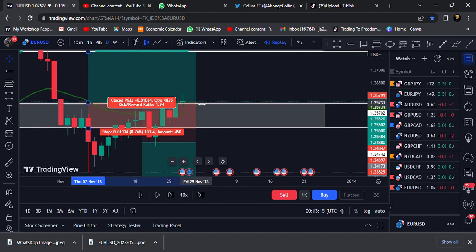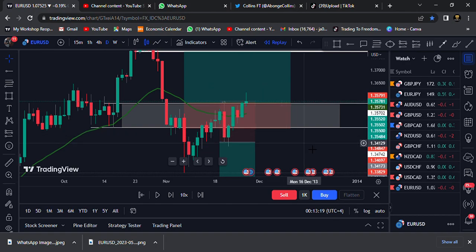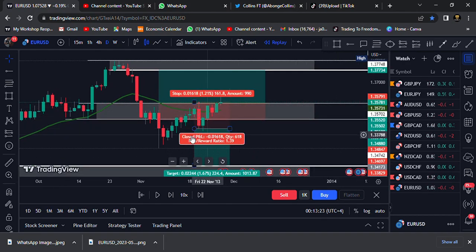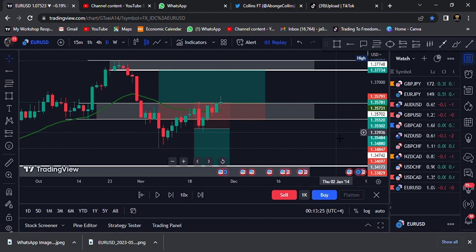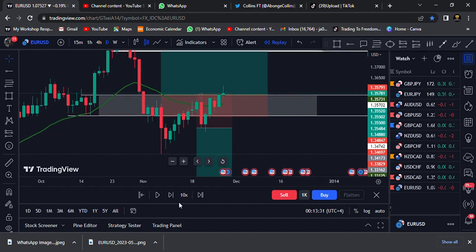So guys, our first trade went wrong. We did everything we had to do. We respected our strategy, but it still went wrong. And now the second trade is going on. The second trade is running.